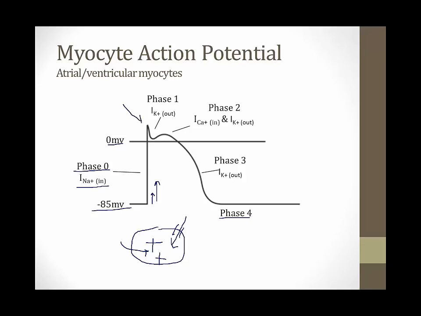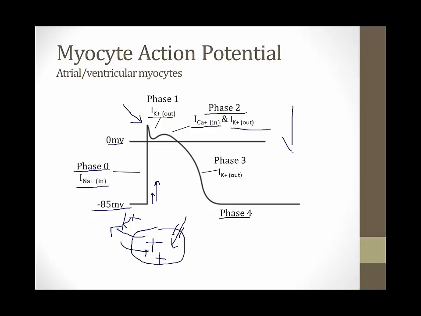Eventually, the voltage becomes positive, and when this happens, the sodium channels close and potassium channels begin to open. These channels allow potassium to leak out of the cell, and because potassium is a positively charged ion, when positively charged ions leave the cell, that lowers the voltage from some positive number back towards 0. At this point, phase 2 begins. In phase 2, you have competing transmission of ions. Potassium is leaving the myocyte, but calcium is coming in.